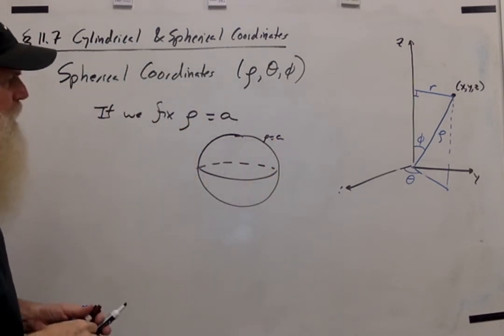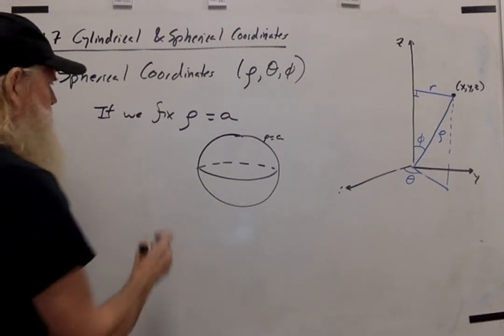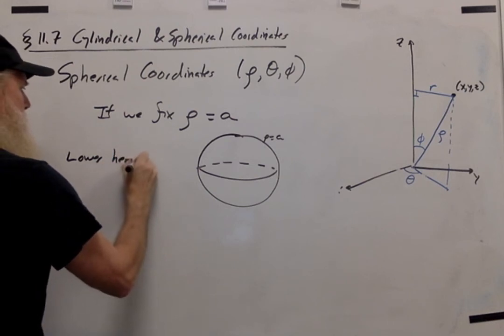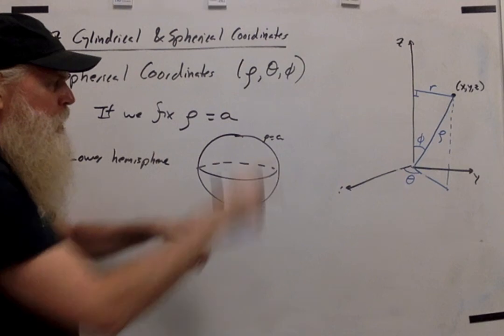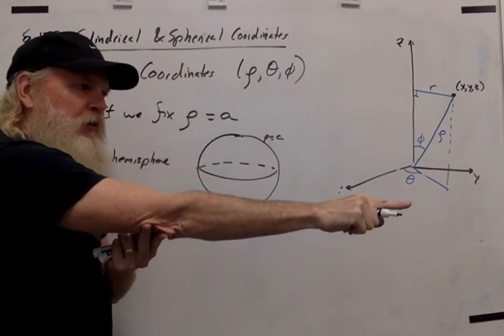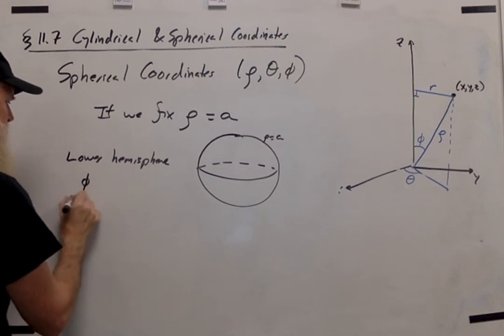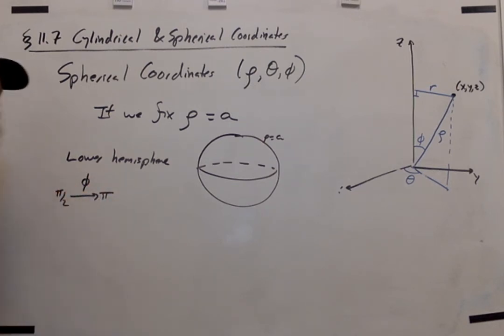So if I, for example, wanted to describe only the lower hemisphere, then I'm going to be taking points which are below the xy plane. So that means I'll be letting phi be going from pi over 2 to pi.